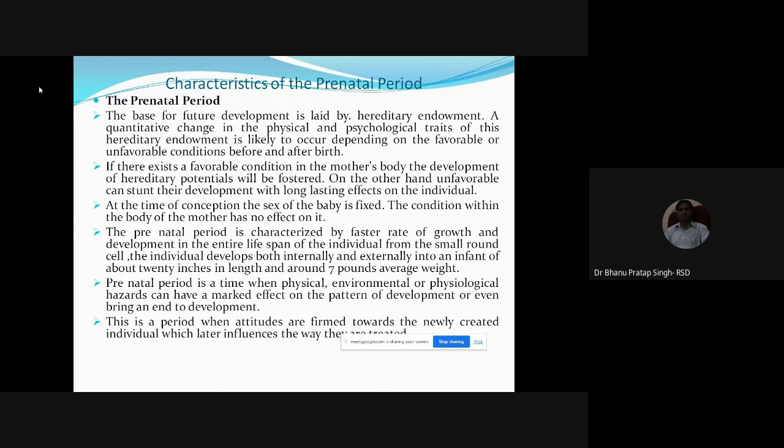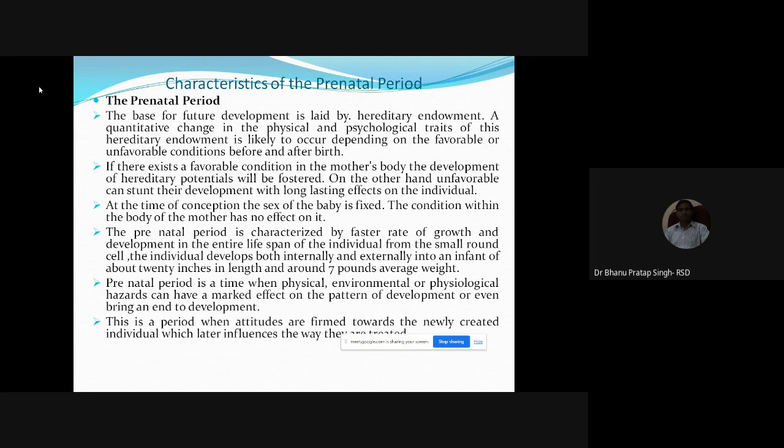The third is that at the time of conception the sex of the baby is fixed. The condition within the body of the mother has no effect on it, whether it is a boy or a girl.